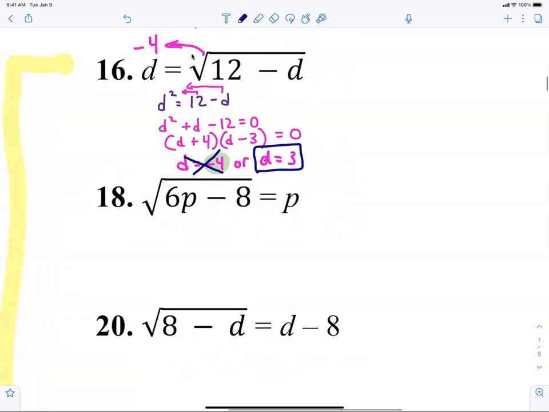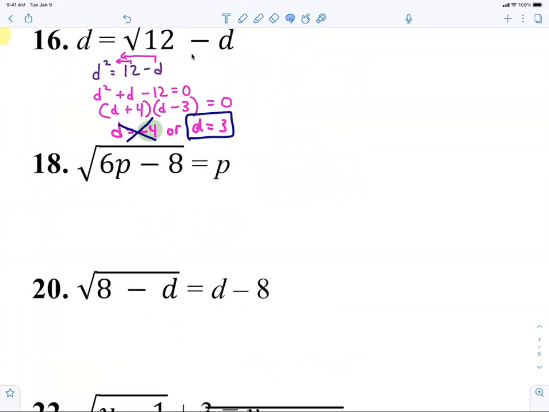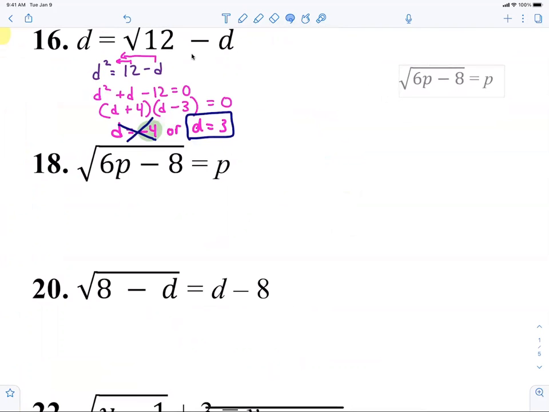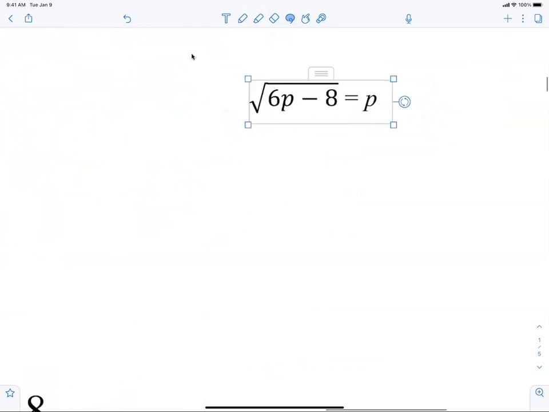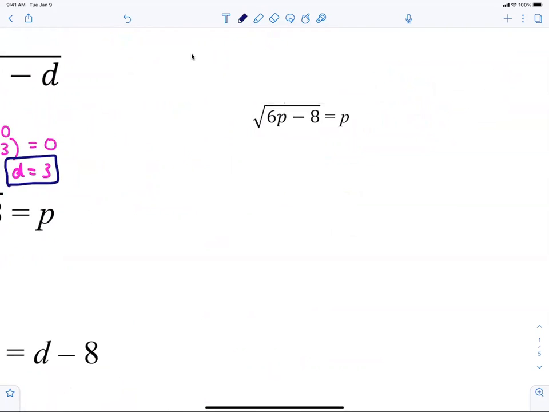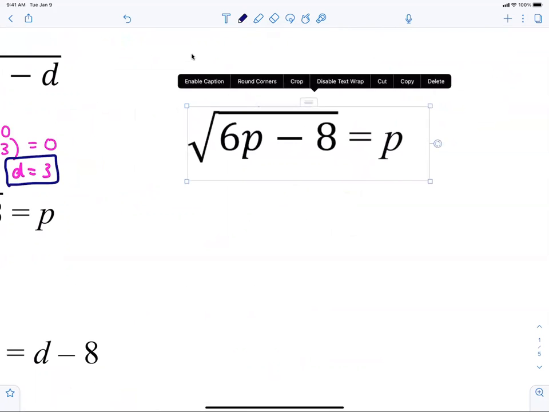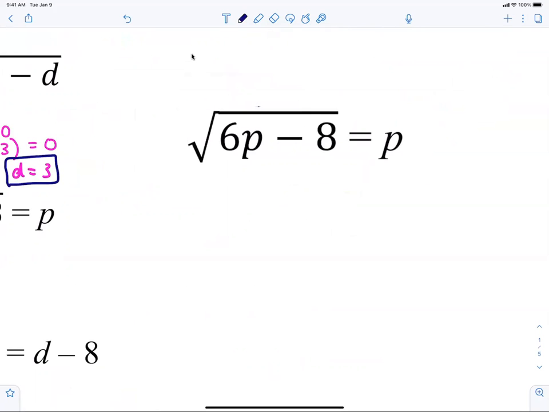All right, so let's look at 18. Here's 18. I'll just move off to the side a little bit. So what do I have to do to both sides? Square both sides. When I square both sides, I get 6p minus 8 equals p squared.